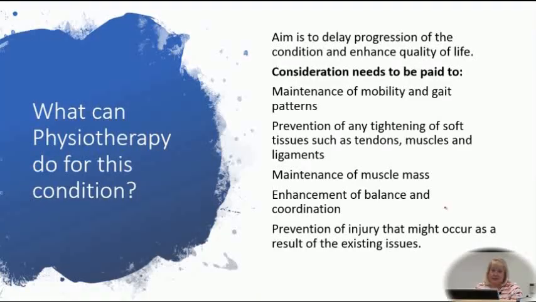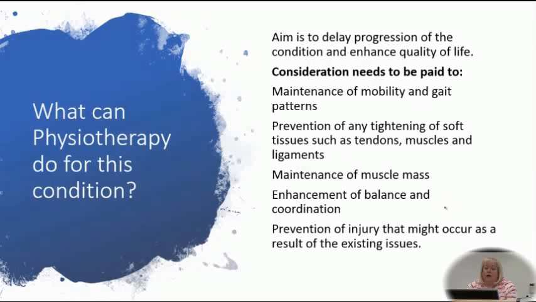Now they talk about nutrition therapy and herbals along with physical therapy, and we're going to talk mostly about physical or rehabilitation therapy and what we have to do for it and how that looks. So what we want to do is to delay the progression of the condition and to enhance the quality of life.